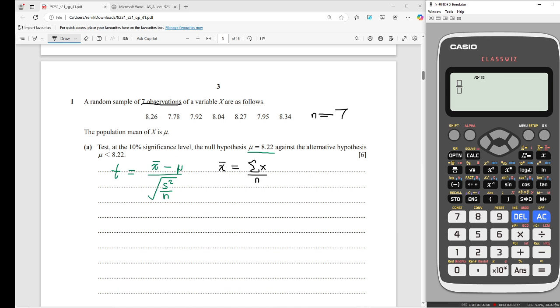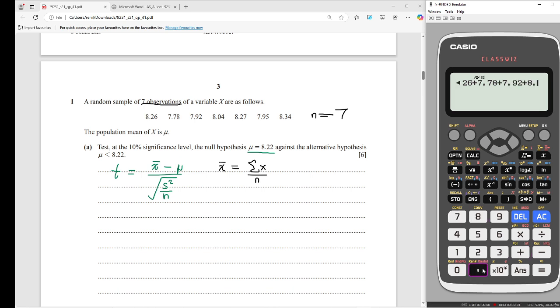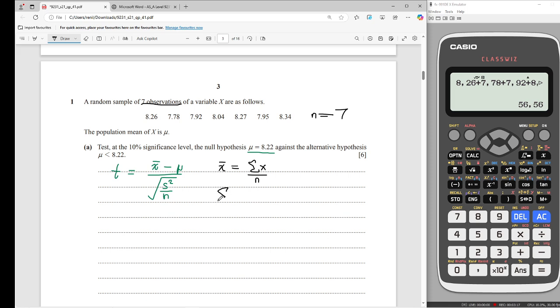Let's just add them up first: 8.26 plus 7.78 plus 7.92, 8.04 plus 8.27 plus 7.95 plus 8.34. This is equal to 56.56.